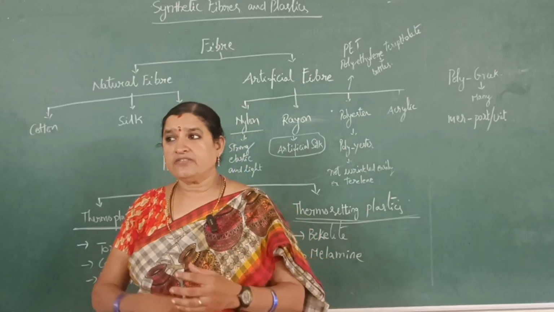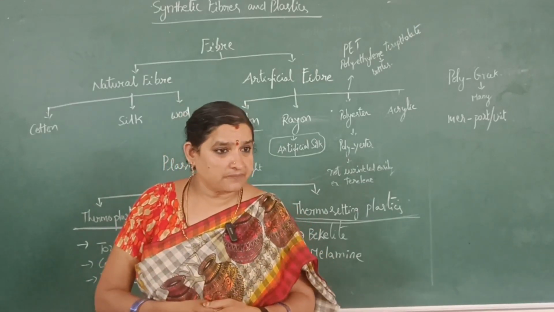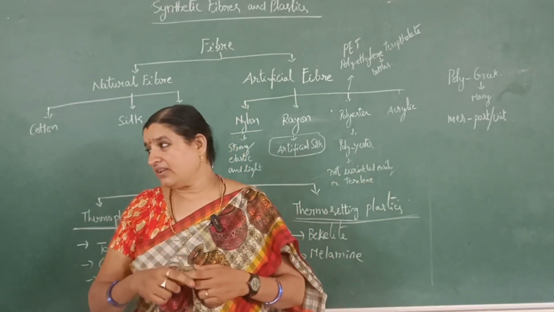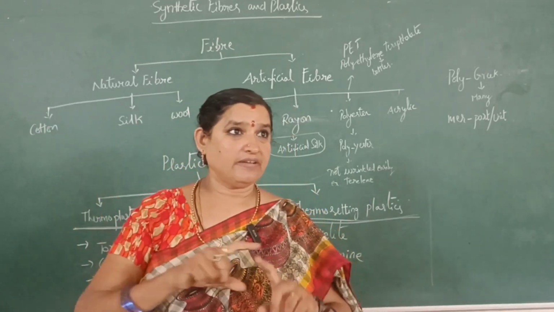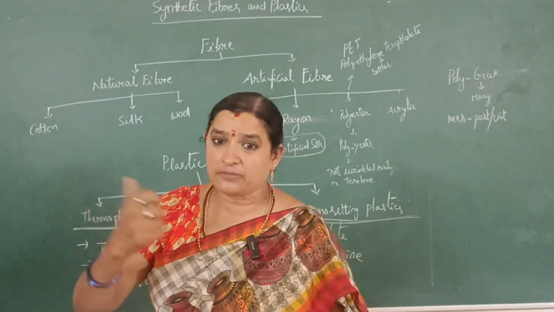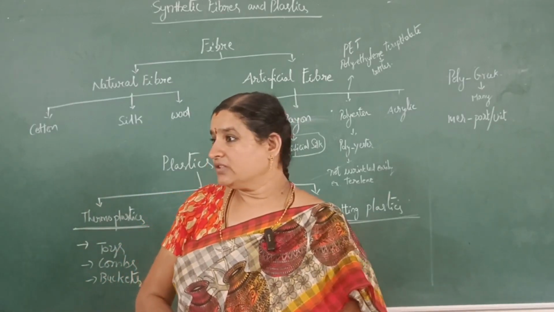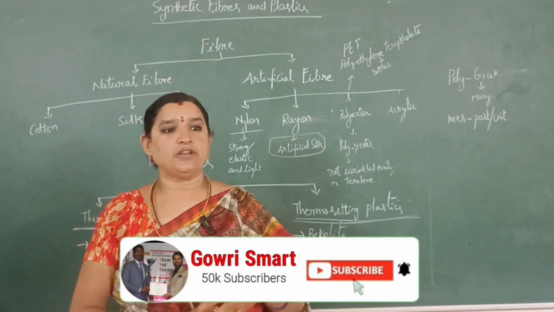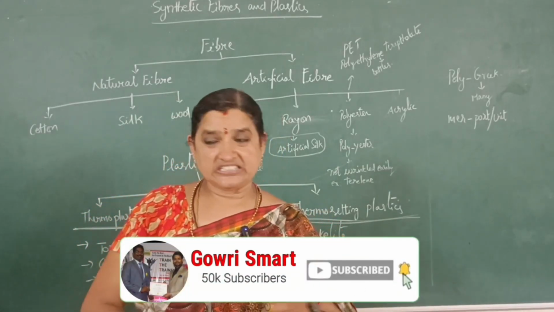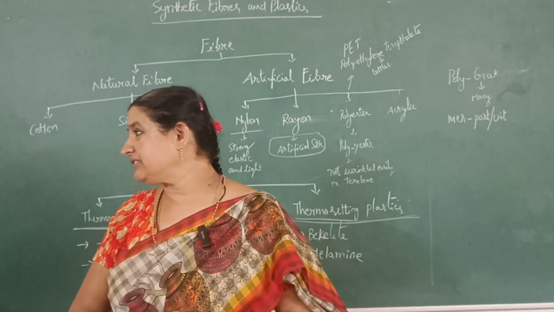For electric switches we use plastic. The metal wires used in electrical wiring are covered with plastic. So we have wide utilization of plastics in our day-to-day life. We use plastic chairs, plastic tables.